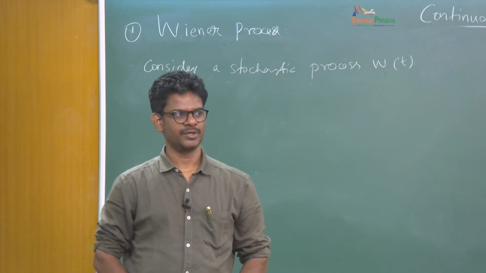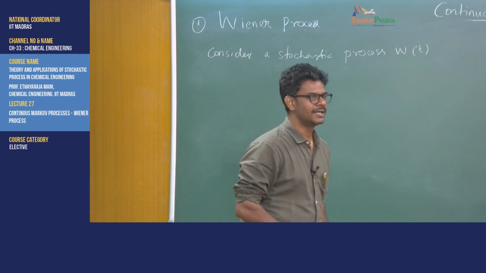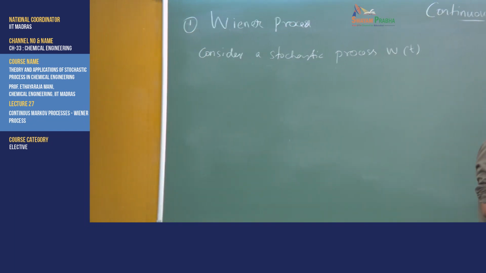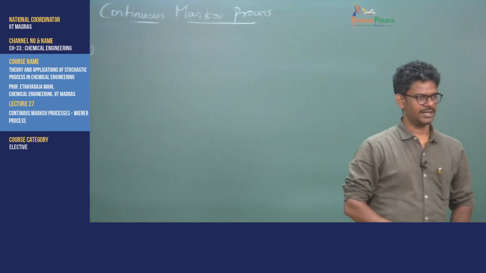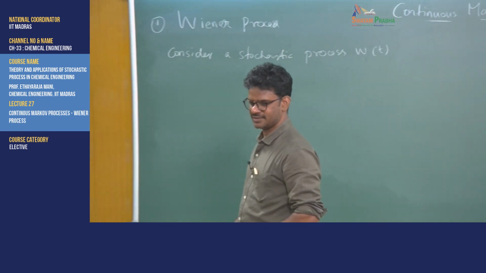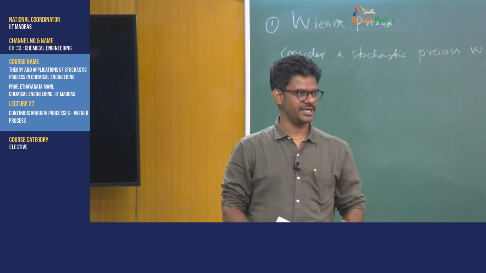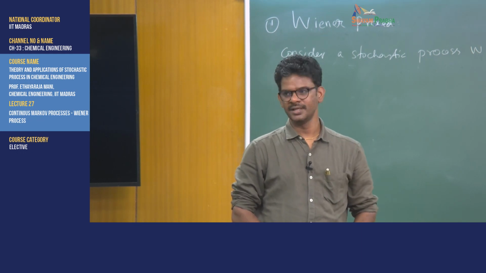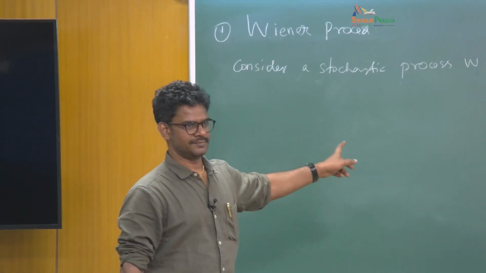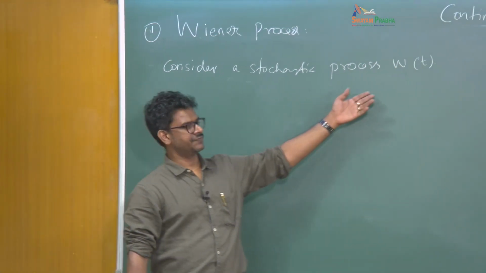Probability is changing with respect to time, a function of state and time. Basically, a stochastic process is a mathematical function where the system state changes with respect to time. Here we have a process W which can take different values based on some underlying probability as a function of time.